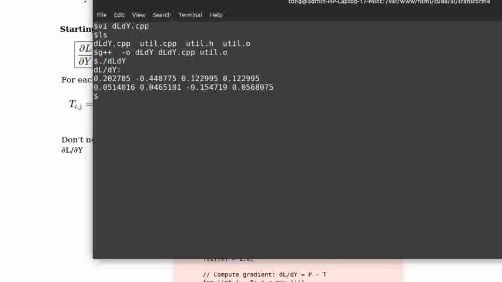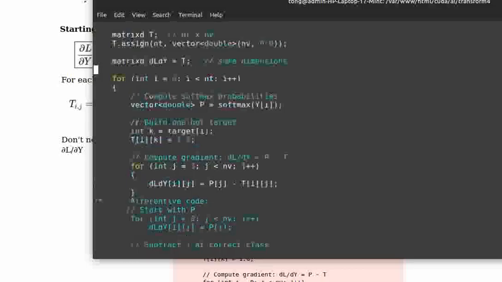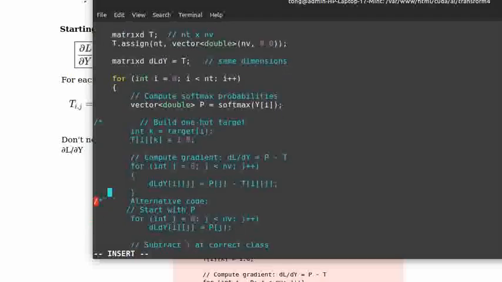Now we can also do this without the T matrix. We can comment this out, for example. Comment this out from here to here and uncomment this.